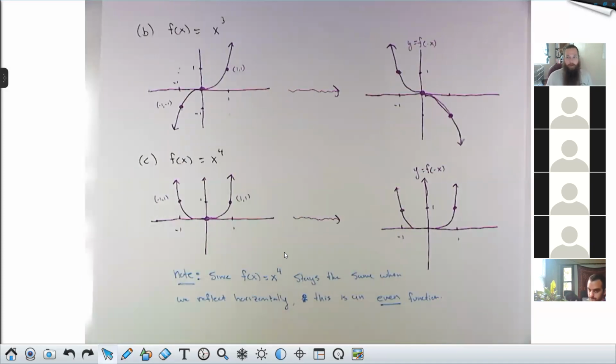So the only example here that has that property of an even function is the last one, because when I flip this guy over the y-axis, he don't change at all. It's the exact same thing. But the guy in part B does have some symmetry, and we'll look at that in just a second. Okay.